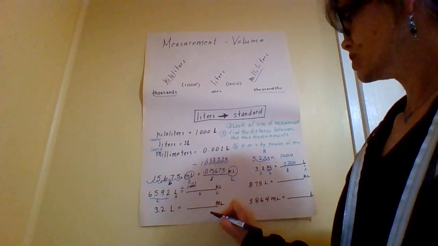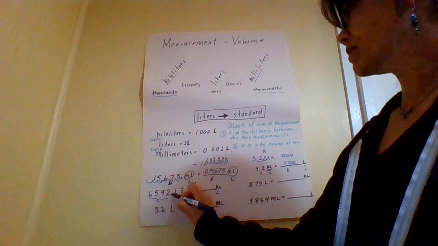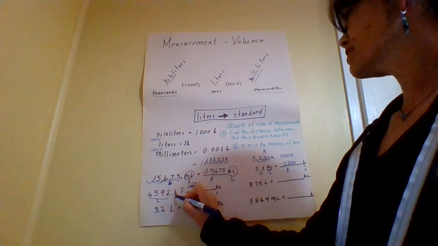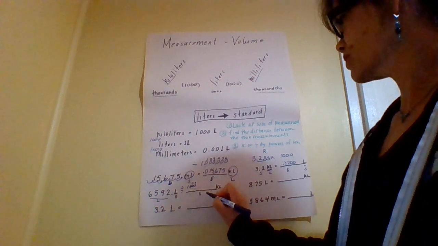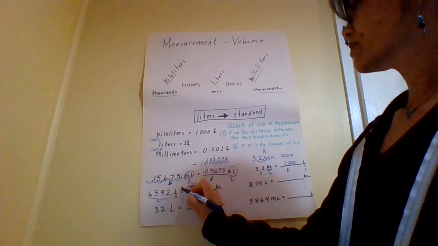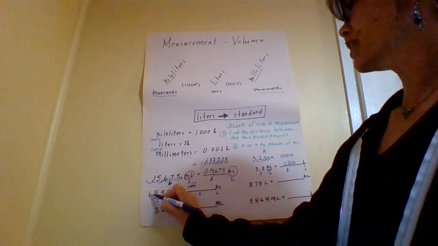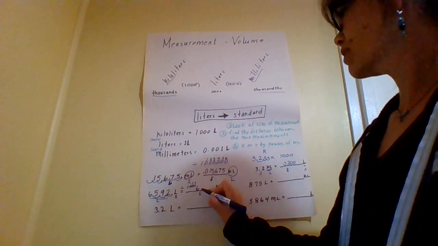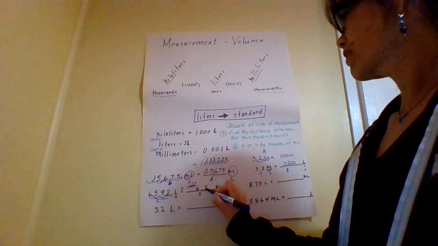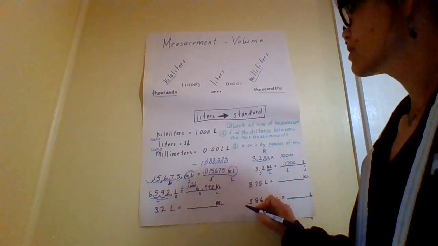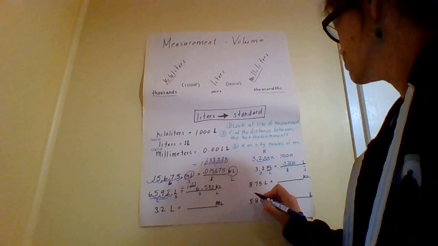That's 1, 2, 3 spaces. The number is going to get smaller because this is the bigger one. So that means we're moving 1, 2, 3 to the left, and we end up with 6 and 592 thousandths of a kiloliter.